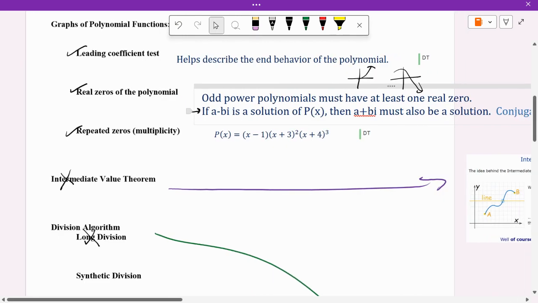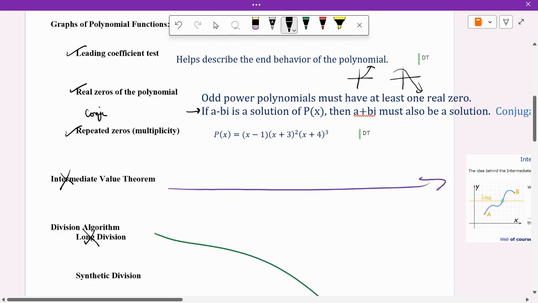So that is called the conjugate root theorem. It says that if a plus bi is a zero of a polynomial, then a minus bi will also be a zero. Okay?